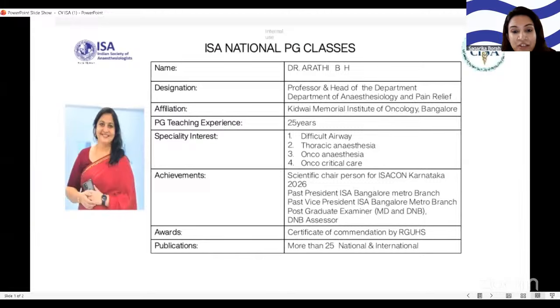She is scientific chairperson for ISACON Karnataka 2026, past President ISA Bangalore Metro Branch, past Vice President ISA Bangalore Metro Branch, postgraduate examiner and DNB assessor. Ma'am has received Certificate of Commendation by Rajiv Gandhi University of Health Sciences, and has more than 25 national and international publications.